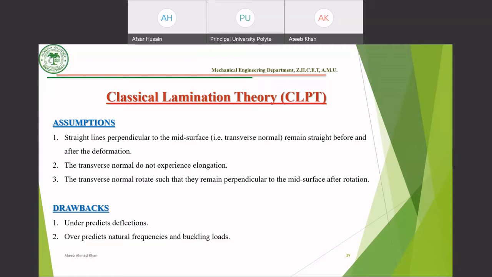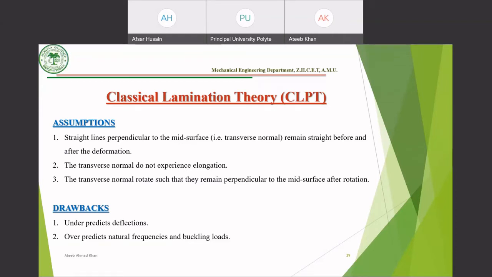And the third assumption in this classical laminated plate theory is that the transverse normal rotates such that it remains perpendicular to the mid surface after rotation. So again, before deformation, it is perpendicular to the mid plane, and after deformation, it remains perpendicular to the mid plane.